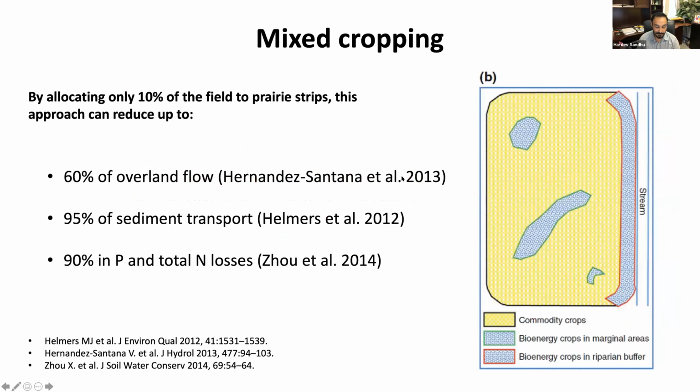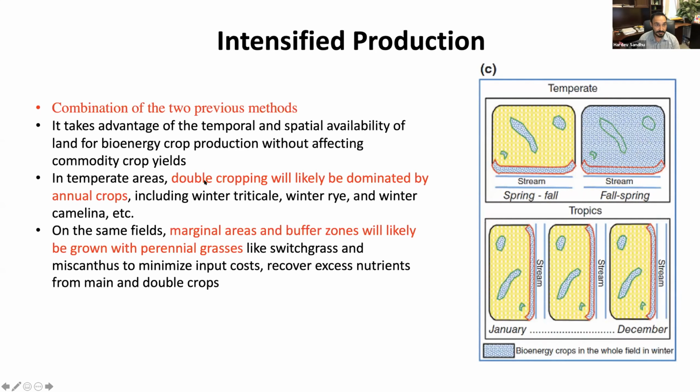So it takes advantage of temporal and spatial availability of land because we are combining both methods here, and it is not supposed to affect the commodity crop yields. In temperate areas, double cropping will likely be dominated by annual crops, which include winter triticale, winter rye, and winter camelina, as I discussed before.